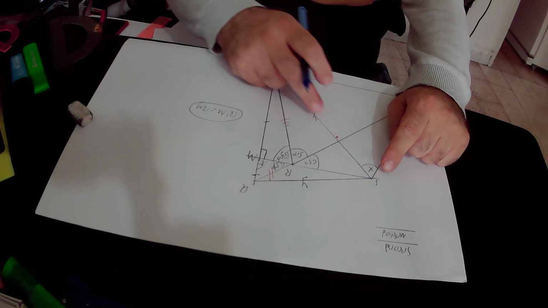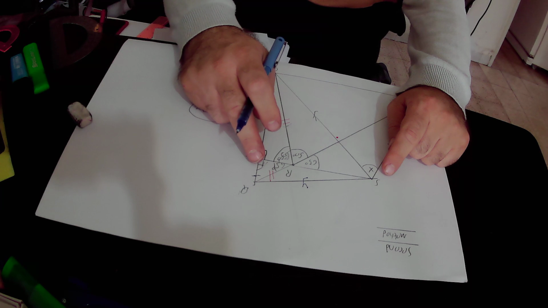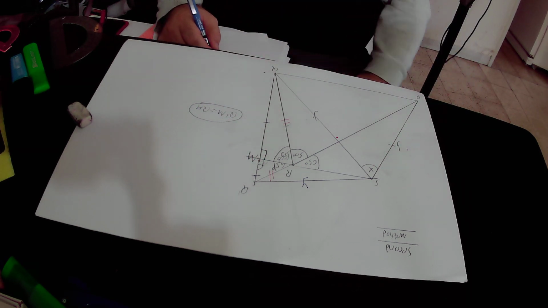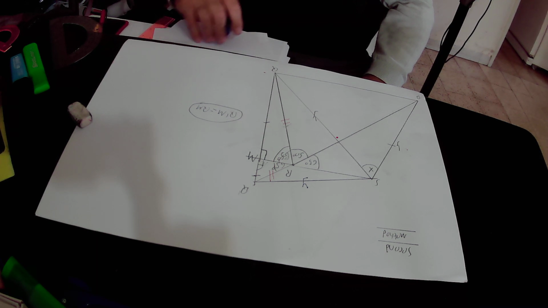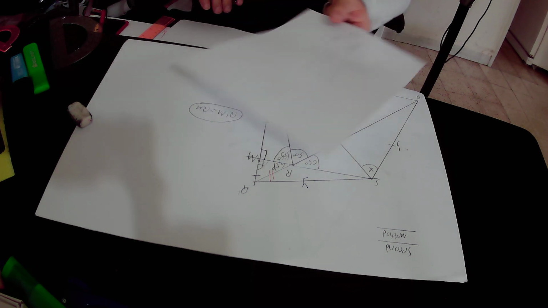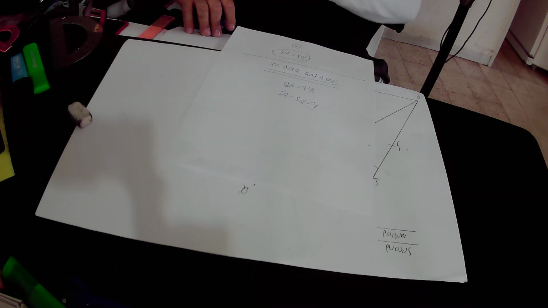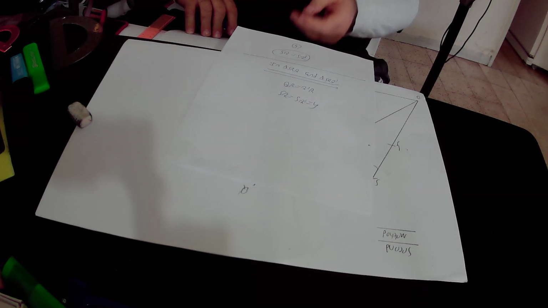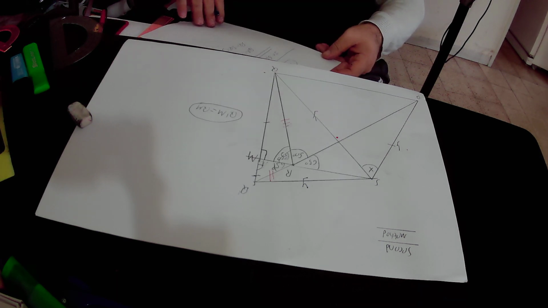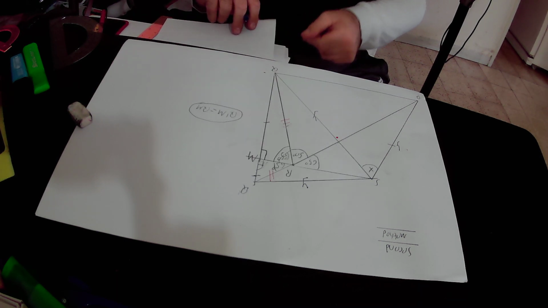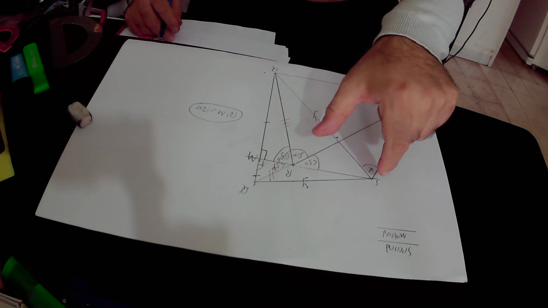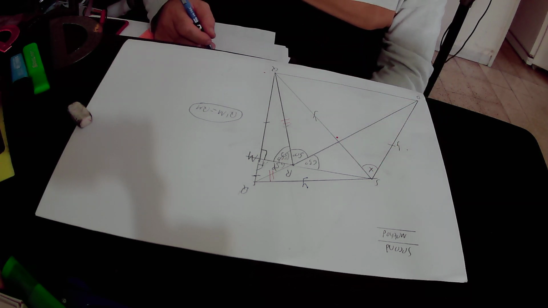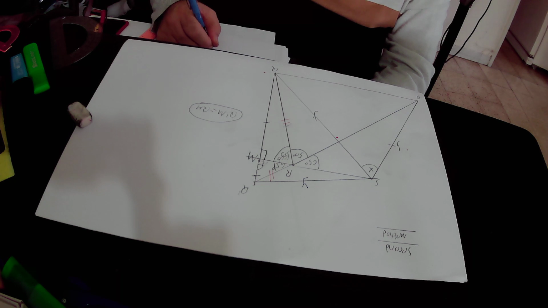We have already proved that SQ equals SQ dash, and they are both equal to Y. And we also have a common side, that is to say RS equals RS, it belongs to both triangles. RS equals RS is a common side.